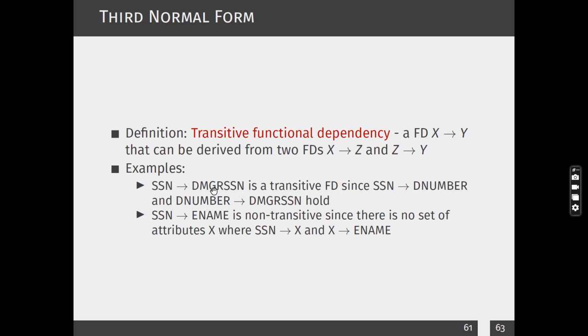So you can see social security number to department manager social security number is a transitive functional dependency, because from social security number, we can get the department number. From department number, we can get the department manager social security number.